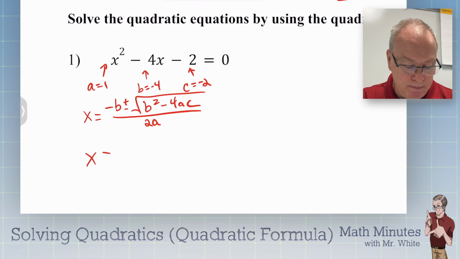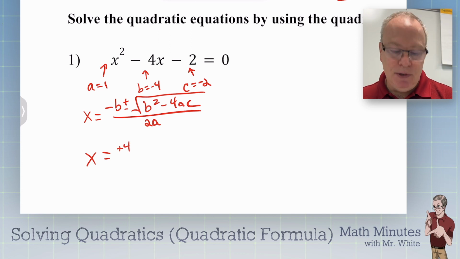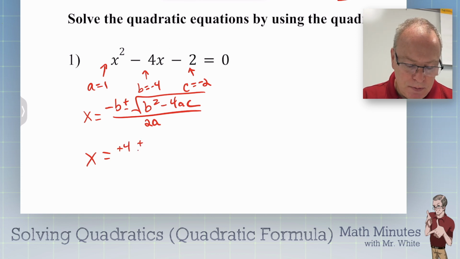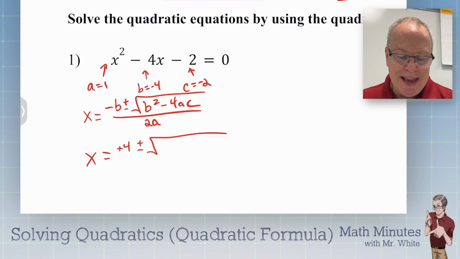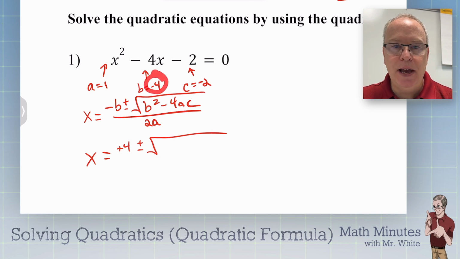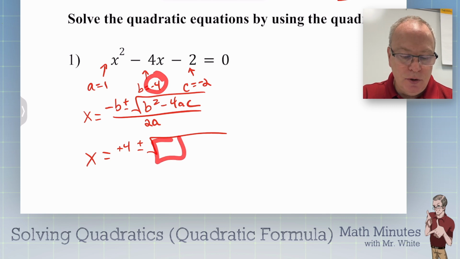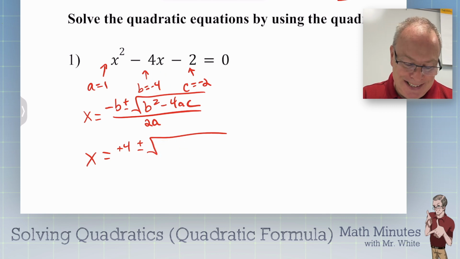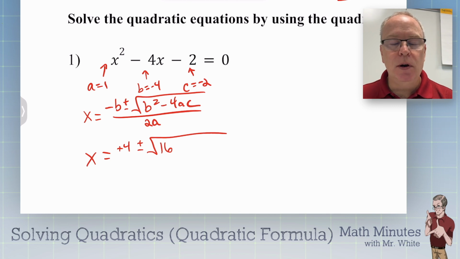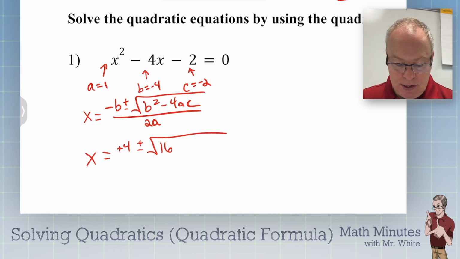So the answers are, there's no factoring, we're just plugging in. It would be positive 4, because that's the opposite of b, plus or minus the square root of negative 4 squared. So here's the b. We got to put b squared here. So that would be 16, right? Negative 4 times negative 4 is positive 16.